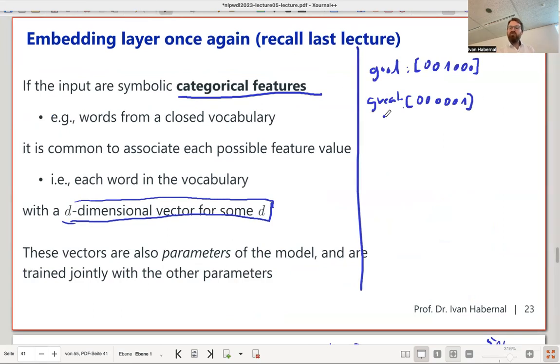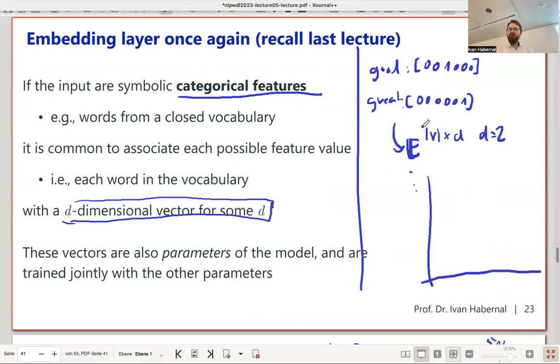But you might want to find a projection, like this embedding matrix, of dimension V times D, where D is 2, so a plane, and these two words might end up close to each other and maybe far from bad.